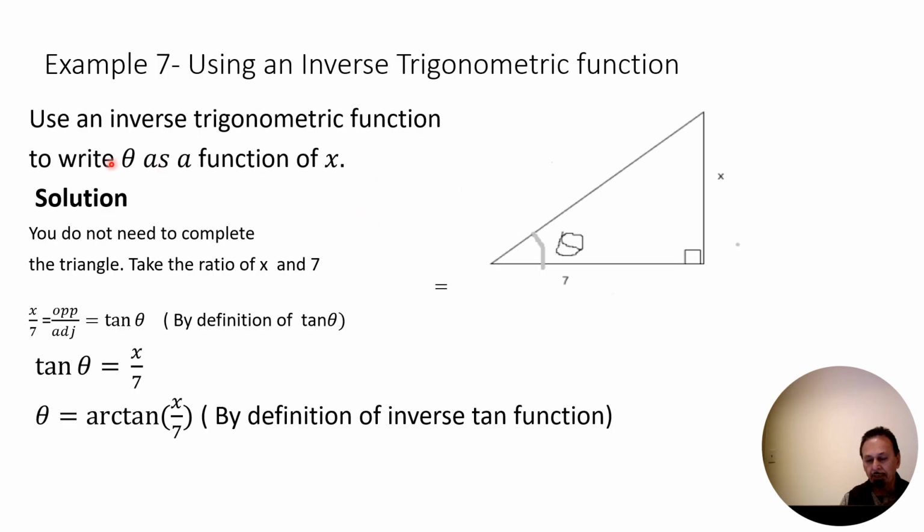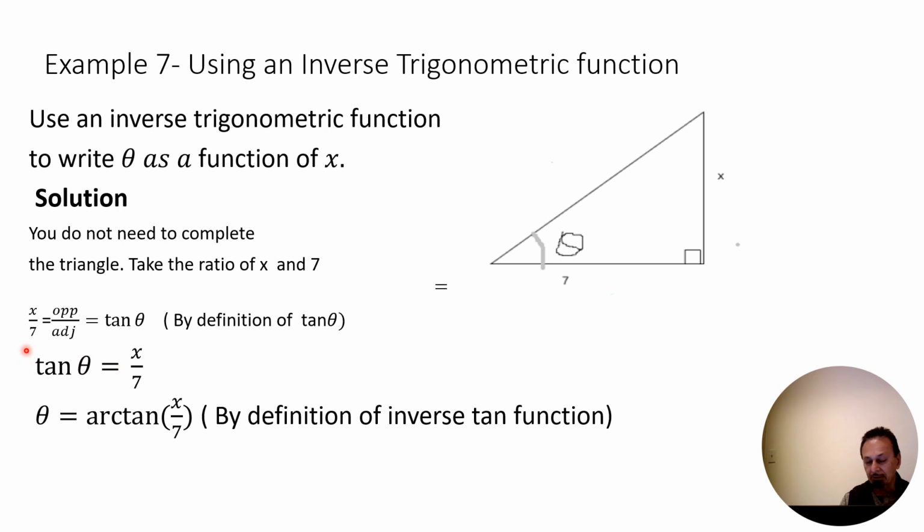This time we're going to use the inverse tangent function to write theta as a function of x. This is the triangle. As you can see, angle theta, 7 is the base and x is the height. We don't need to complete this triangle; you don't need to find the missing side. All you have to do is take the ratio of x and 7. x is opposite and 7 is adjacent, and opposite over adjacent is tangent.